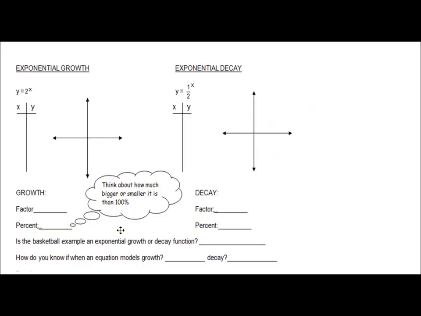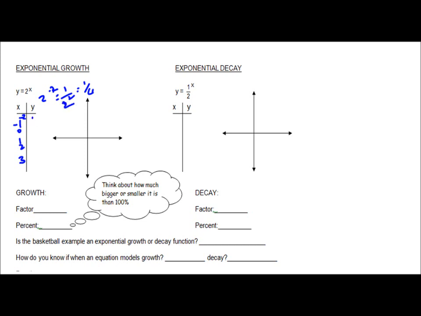Let's go to the next slide. We'll look at this worksheet and try to complete this. So I'm choosing my x values. Remember, x is always an independent variable, so I choose my values. So negative 2, negative 1, 0, 1, 2, 3. These are the values I'm choosing right now. If you plug in negative 2 in place of x, 2 to the power of negative 2 is 1 over 2 squared, which is 1/4.